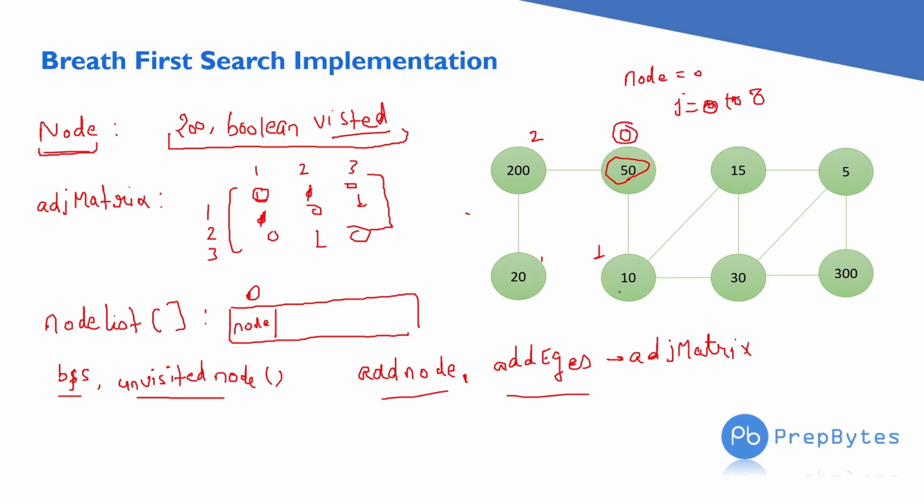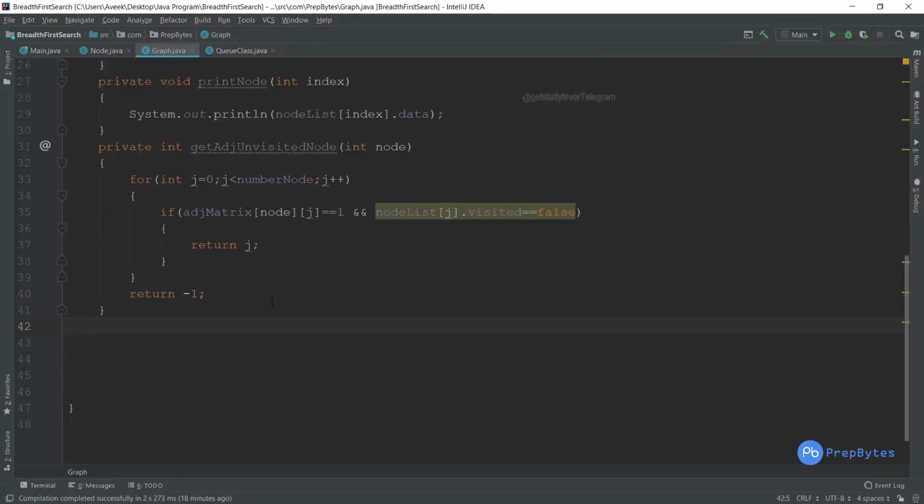It will get that the nodes with index value 2 and index value 1 are neighbors of 50. Also it will show that both are unvisited. So first it will return 10, and afterwards it will return 200, because 1 will come first and 2 will come afterwards. So this is how it will work. I hope you are understanding how the unvisited node will work, and it returns the index of the node which is unvisited yet.